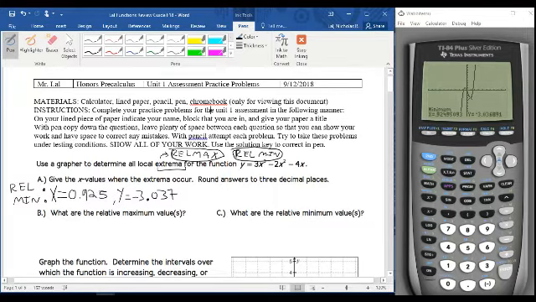So that's the relative min. And remember, we're just looking for the x values. So for A, that's the x values.